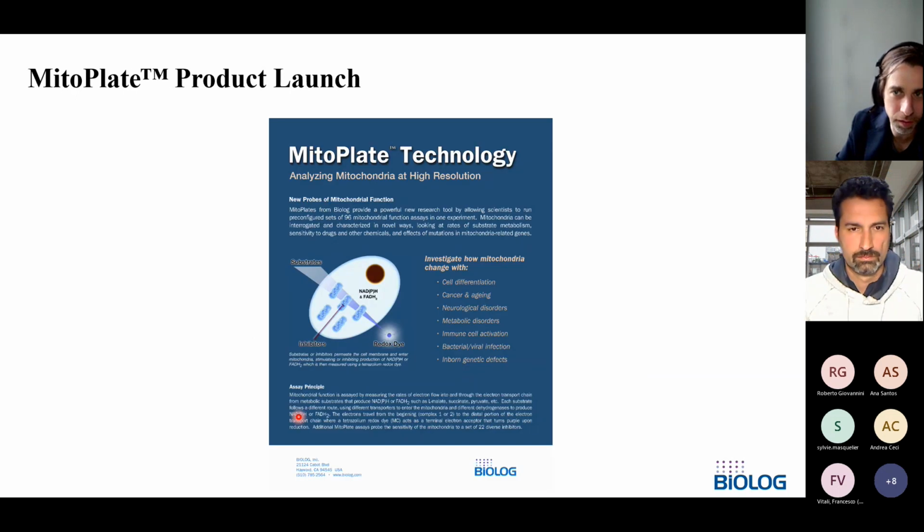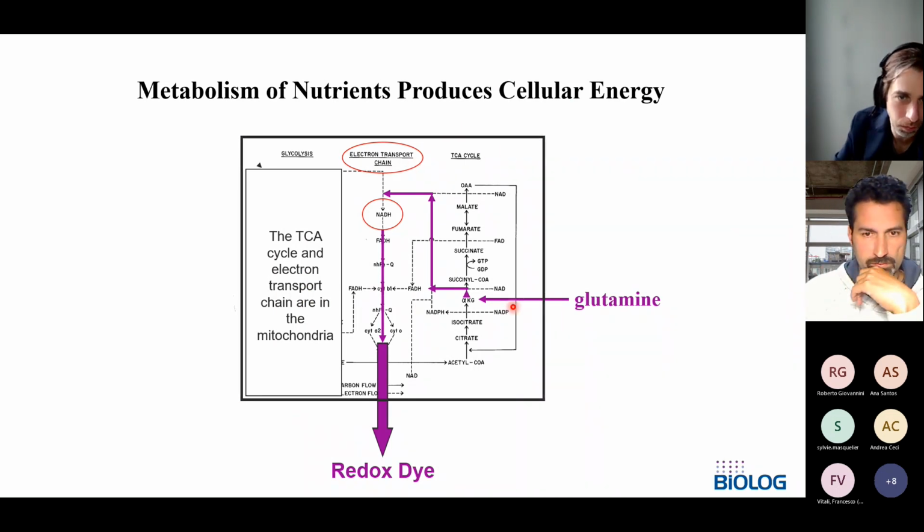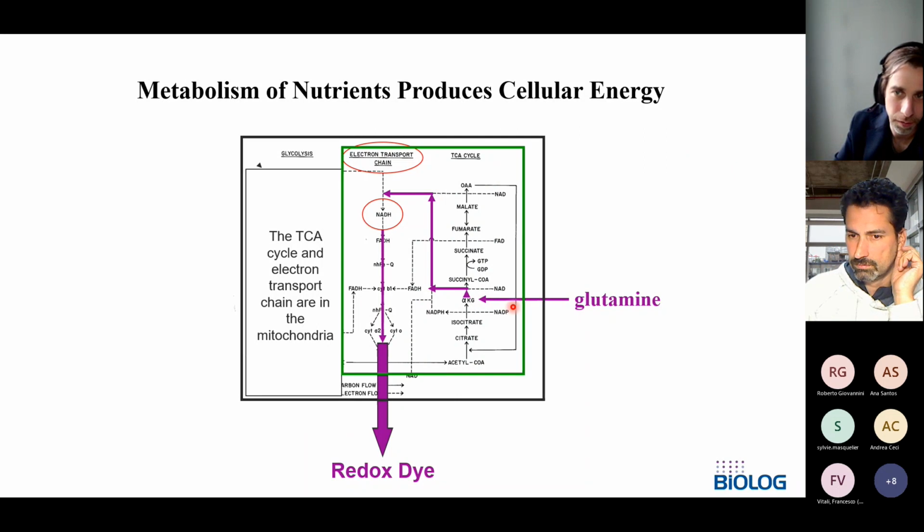The very latest one, and this is my final slide, is the application that allows to characterize mitochondria, mitochondrial metabolism. Mitochondrial metabolism in human cells, focusing only on this part of the metabolism, the TCA cycle, and that is here in red, and that can provide functional information on how the mitochondria respond to different drugs or different growth conditions or in different physiological status.